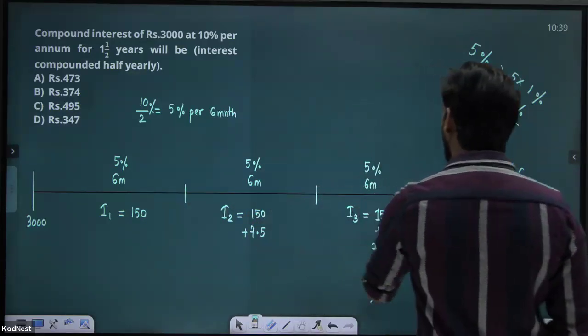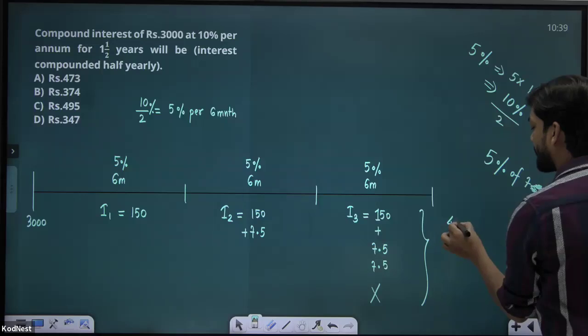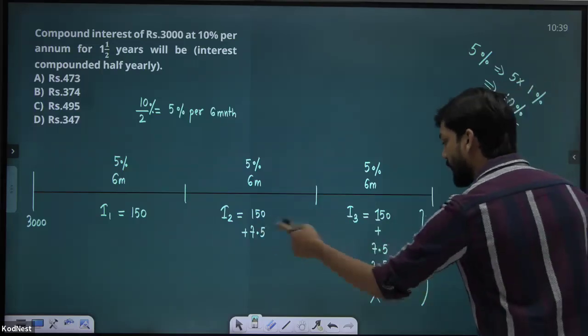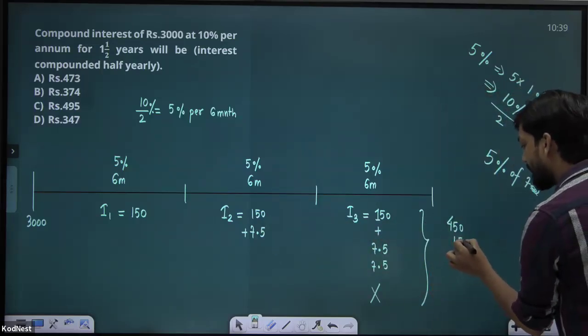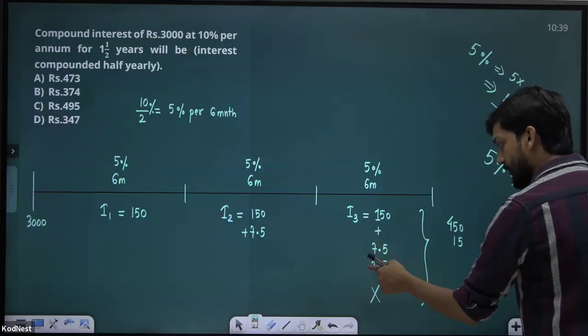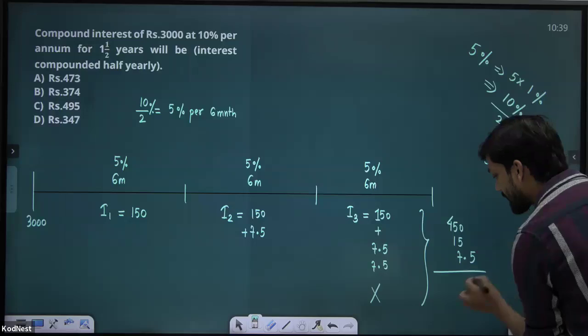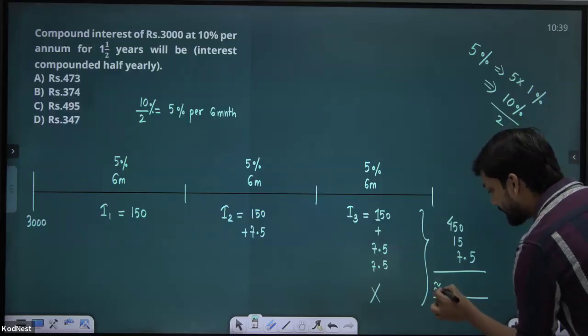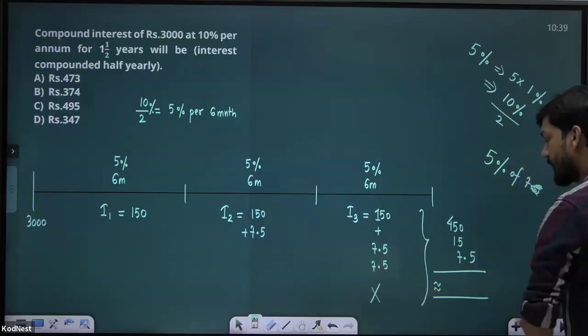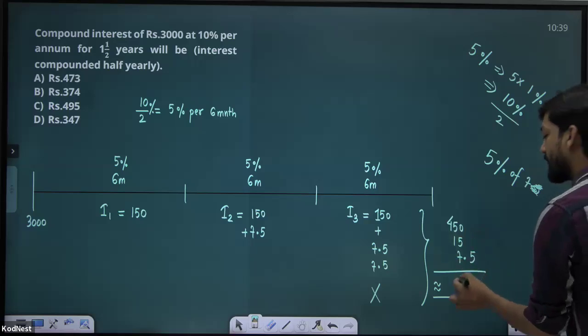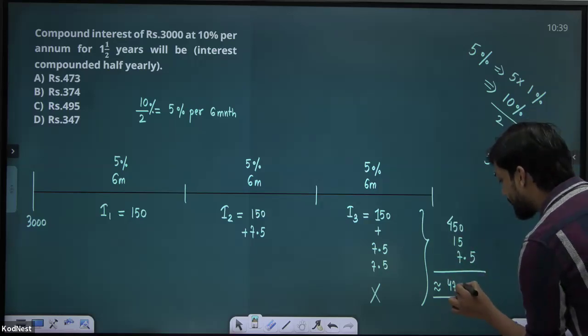150, 150, 150 comes out to be 450. 7.5, 7.5 comes out to be 15. Then one more 7.5 is there. So approximately, because I'm not taking this, 465 plus 7, 472.5.